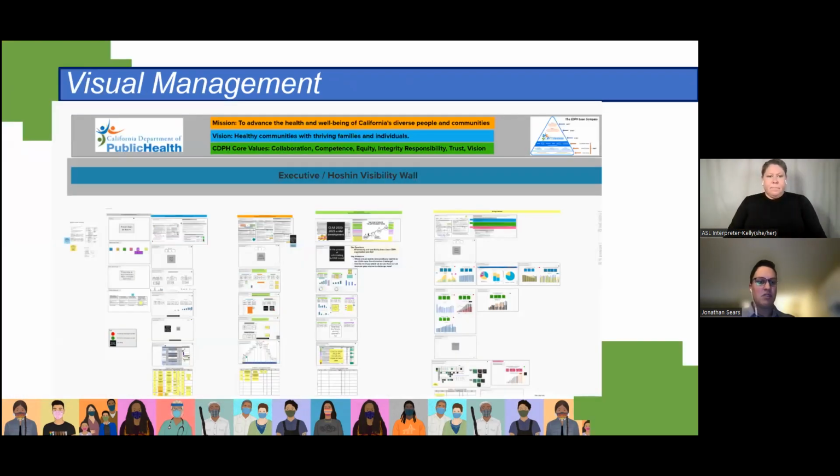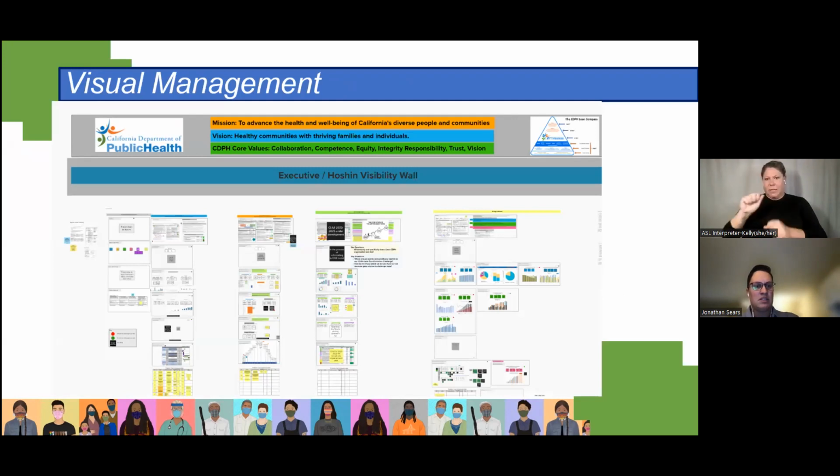And so this is a great visual, and I think Bonnie had highlighted this early on. You can see our true north triangle up in the top right corner. But this is one of our visibility walls that supports our continuous improvement work and lean transformation work at CDPH. So this has all of our strategic A3s.